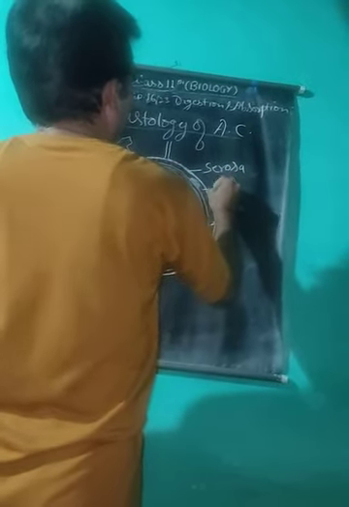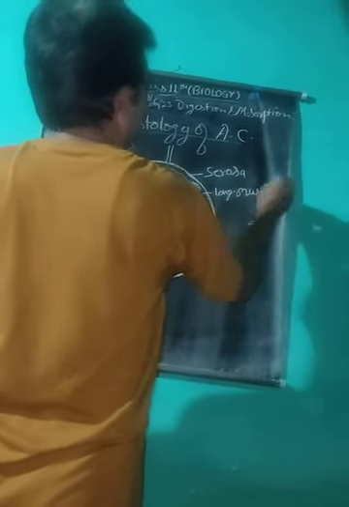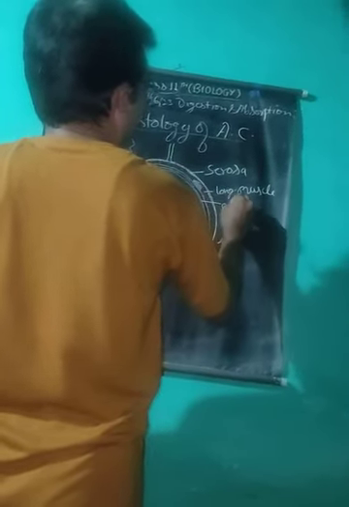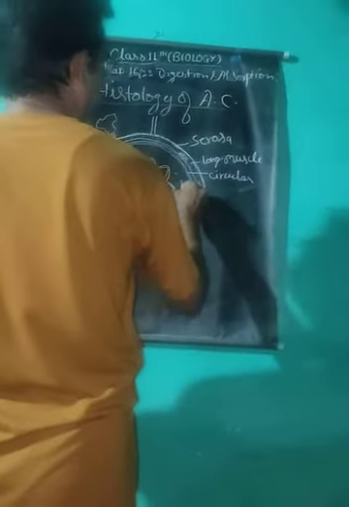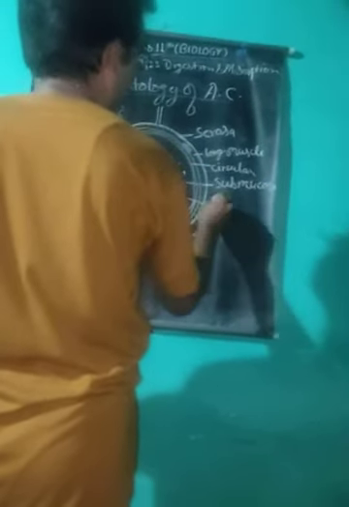Serosa, longitudinal muscles, circular muscles. This is submucosa and mucosa.